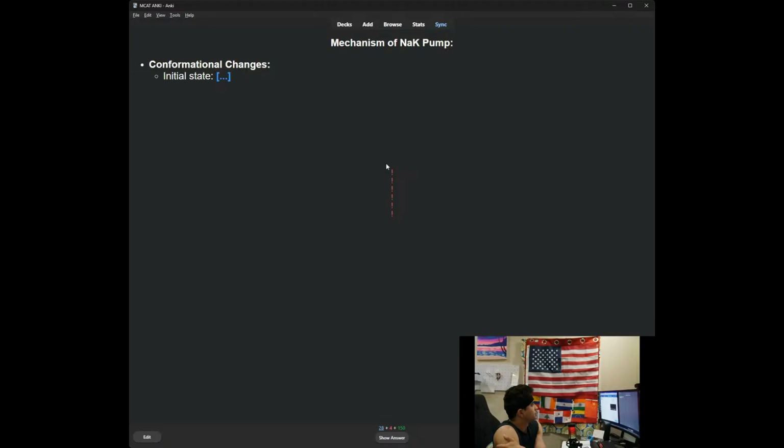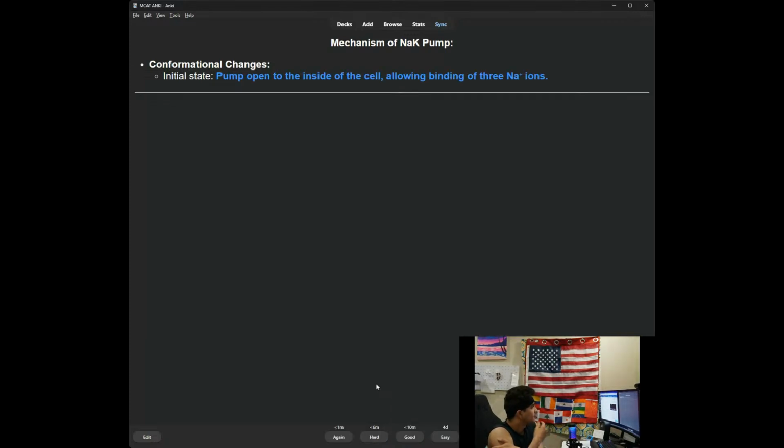Conformational change, initial state of the pump. Well, I'd say it's closed, right? And then, yeah, let's see what it says. This is a new one. Really, that's the initial state.